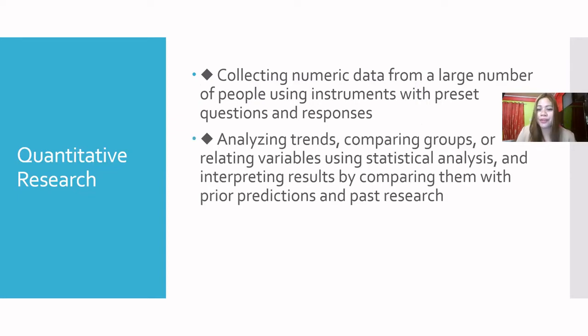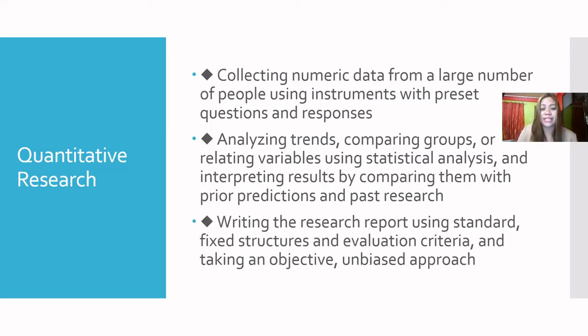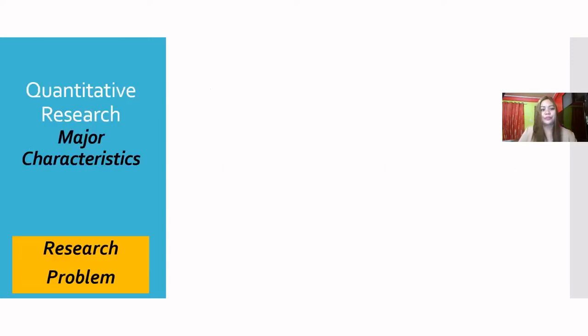Analyzing trends, comparing groups, or relating variables using statistical analysis and interpreting results by comparing them with prior predictions and past research is also a form that is equated with quantitative research. Okay? Writing the research report using standard fixed structures and evaluation criteria and taking an objective, unbiased approach is also a characteristic of quantitative research.